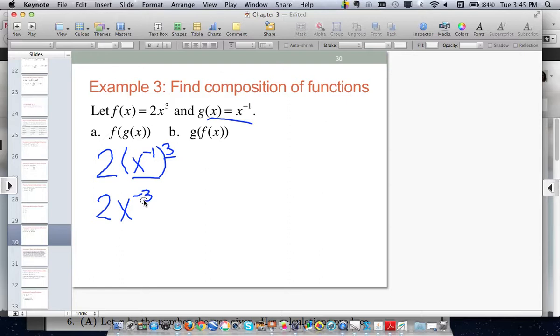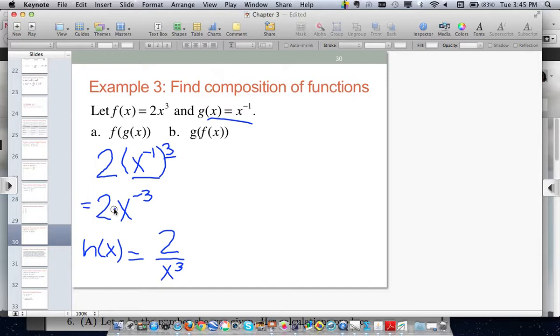And then we want to simplify. So this needs to be in positive exponents. So h of x is going to be equal to 2 over x to the third. Notice that the 2 is separate from the x to the third. If I wanted them together, they would be in parentheses. If they're not in parentheses, the 2 is not part of that exponent.